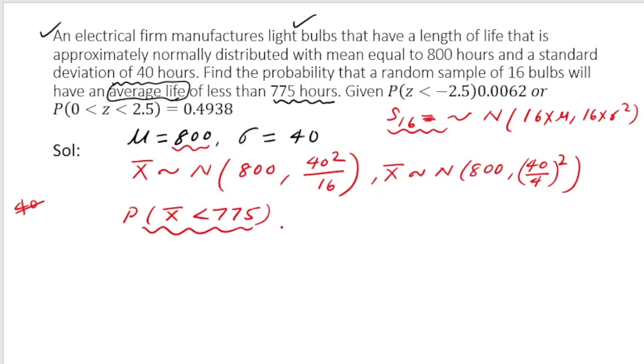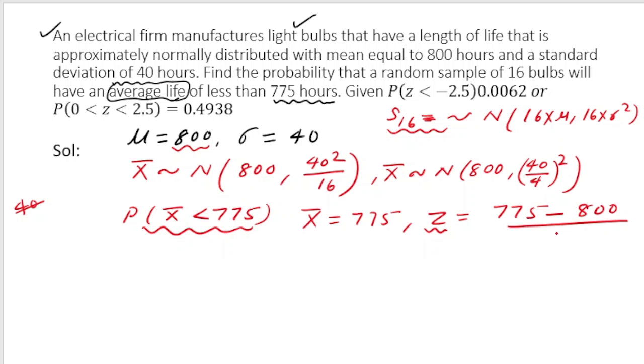So how to calculate probability? If I take x bar is equal to 775, then what will be z? Z will be for the standard normal distribution. So for 775 it will be 775 minus mu, that is 800, by sigma. So this is sigma square, right? So sigma will be what? 40 by 4.